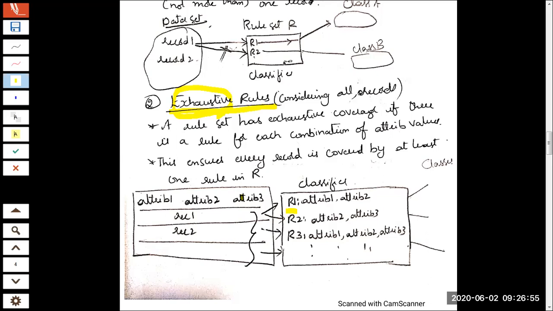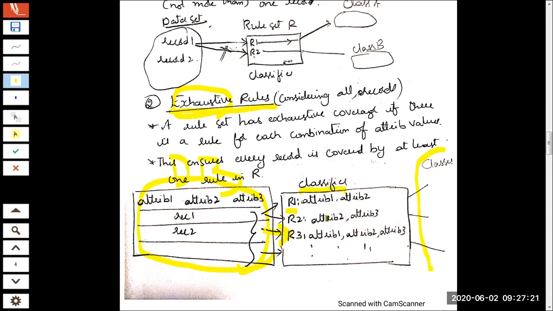So this is my database that you are seeing towards the left-hand side. This database has been used to build a classifier, to train the classifier that you are seeing in the middle, and this classifier will decide the class that is on the right-hand side. Now, in these rules, you can observe all the attributes that were there in the database: attribute 1, 2, 3.